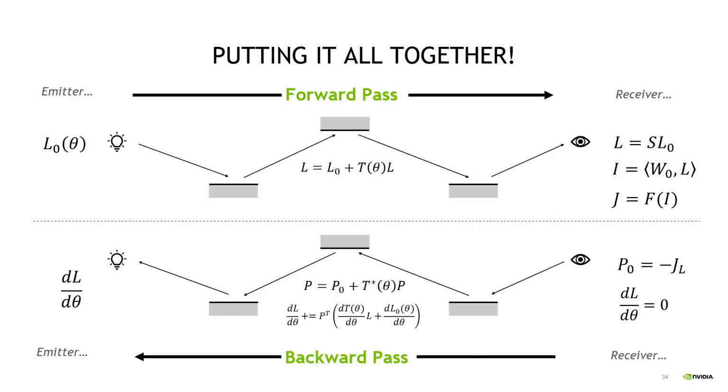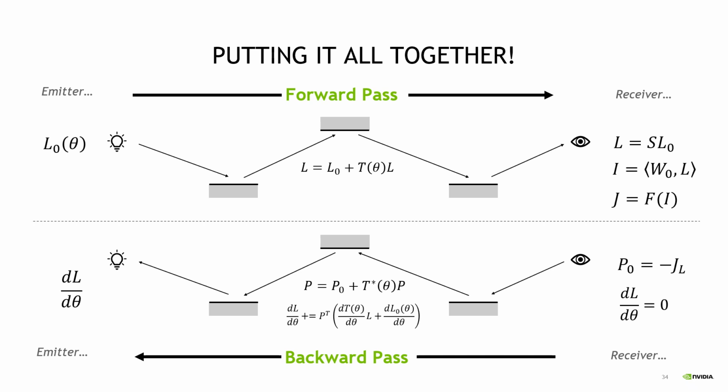So here we put everything together. There are two passes. In the first pass, we compute the radiance from the light sources to the receiver. Then at the receiver, we compute the intensity and the cost function, and then we do a backward pass where we set the initial adjoint to minus the gradient of that cost function we just computed with respect to the radiance, and then we propagate it backwards using the equation for the importance.